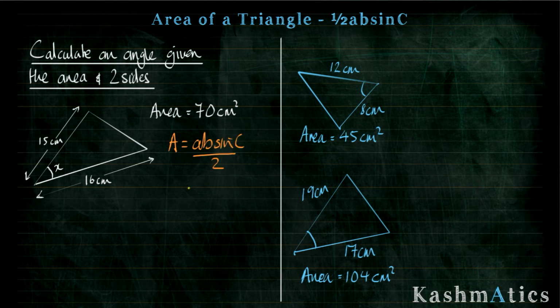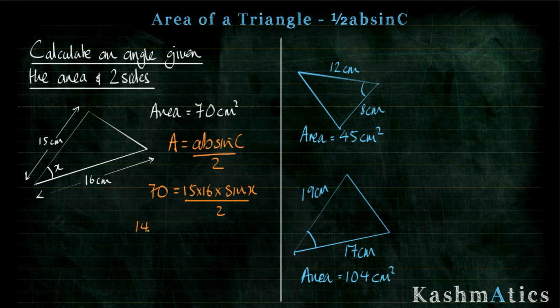So let's just write down what we know. We know the area is 70. So 70 is equal to AB, so that's 15 times 16, multiplied by sine C. So in this case, it's going to be sine X, and all of that gets divided by 2. Now, in order to rearrange this, I need to multiply the other side by this 2, just like I did before.